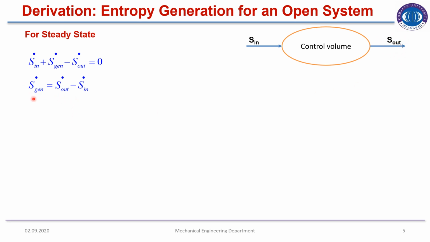If we keep the entropy generation term on the left hand side, then on the right hand side we are left with entropy exiting minus entropy entering the system. So their difference represents the entropy generated within the control volume.